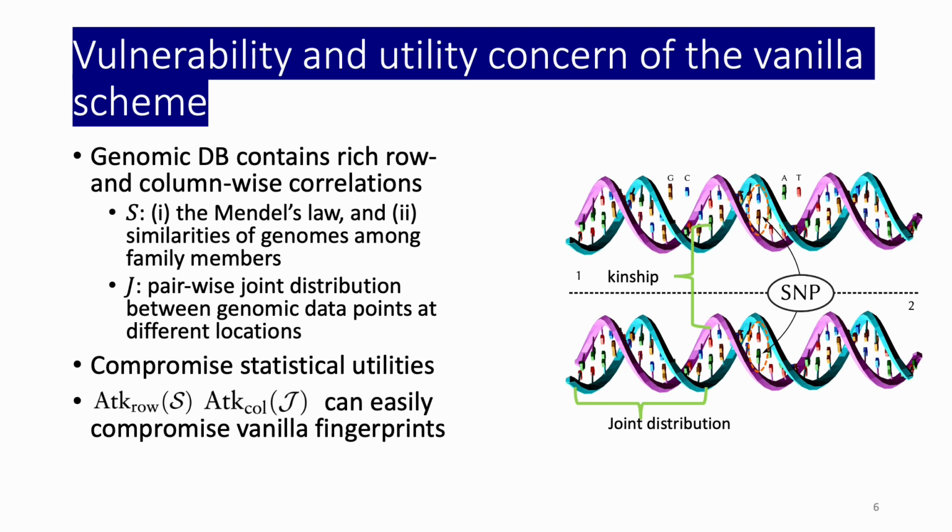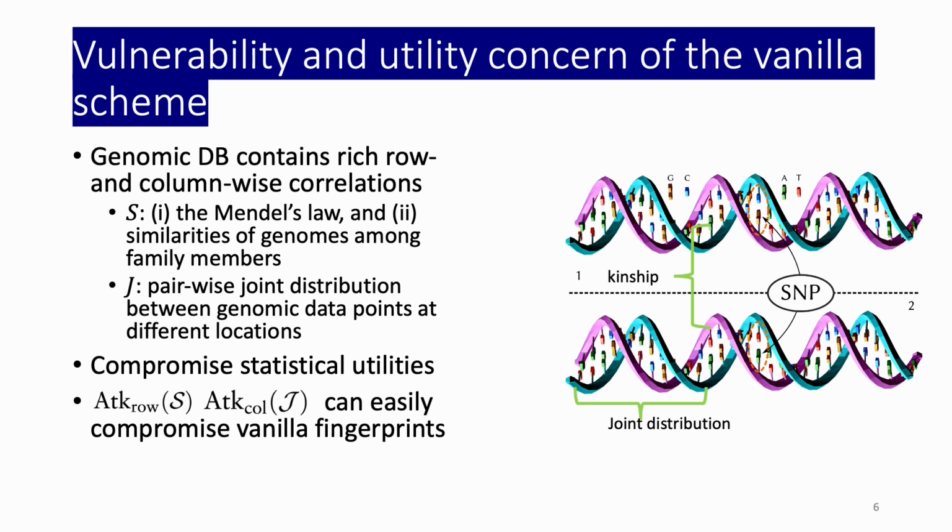Since the previously mentioned vanilla fingerprinting scheme randomly changes the entries of the genomic database, it will compromise both row-wise and column-wise correlations and cause a significant statistical utility loss in the resulting fingerprinted database.